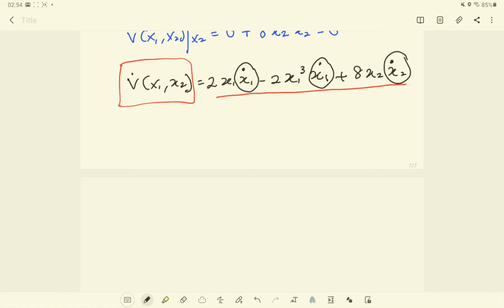Now we will substitute the equations in V dot. We write it again: x1 dot is equal to x2, while x2 dot is equal to x2 over 2 minus x1 over 4 plus x1 to the power of 3 over 4.